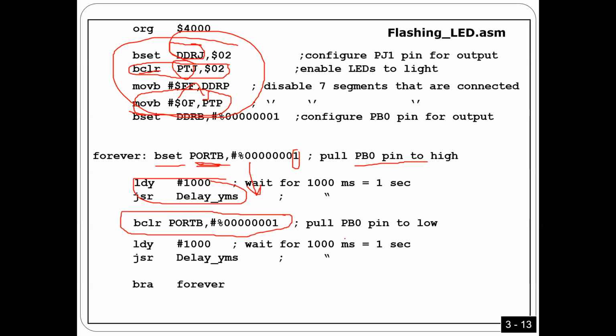So now I'm going to pull PB0 low, 0 volt, to turn the LED off, then wait 1 second, and then go back, repeat again. Very easy, right? You have 1 byte. I'm going to use only 1 bit, put 1, wait 1 second, put 0, wait 1 second, repeat. Very easy. Okay, guys? Any questions?